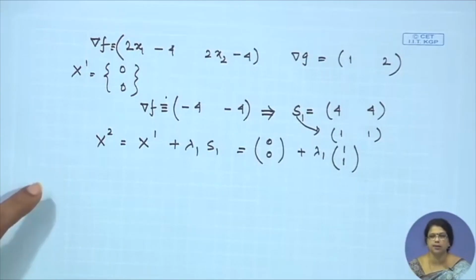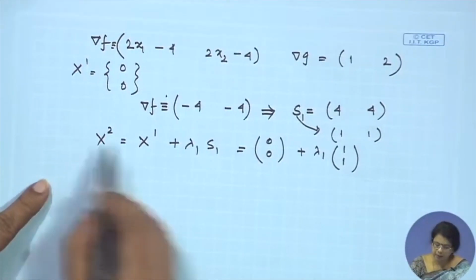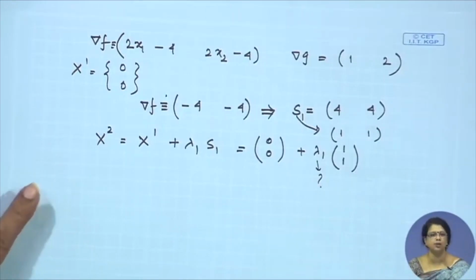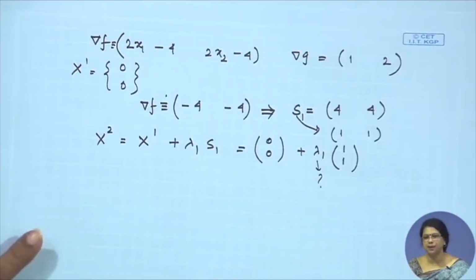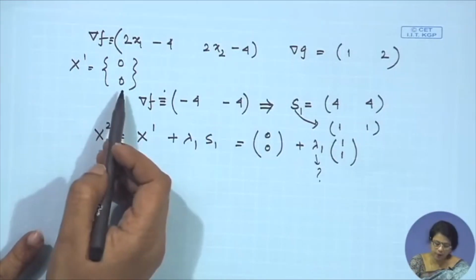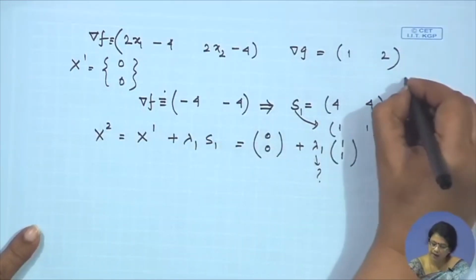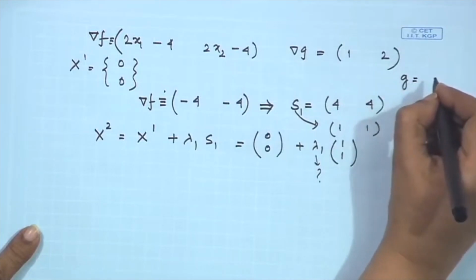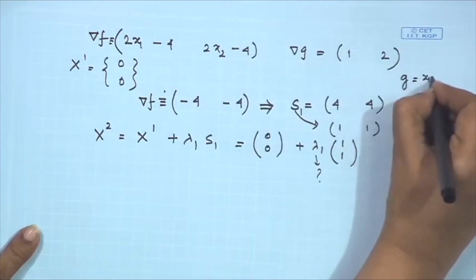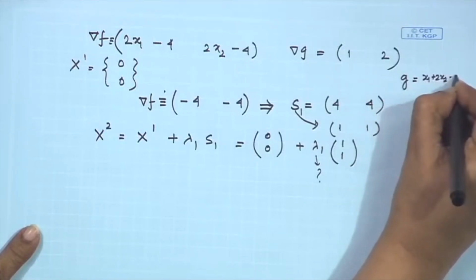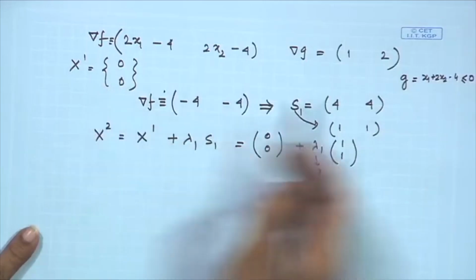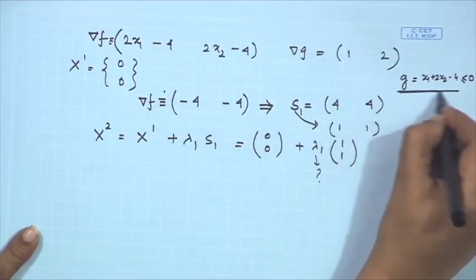But we do not know what lambda 1 is, that is another problem for us, we do not know the step length. If I look at the point 0, 0, our constraint has been given as g equal to x 1 plus 2 x 2 minus 4 less than or equal to 0. That is why the 0, 0 point is an interior point.